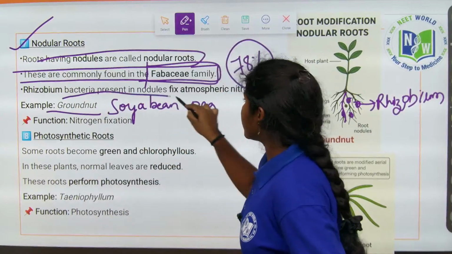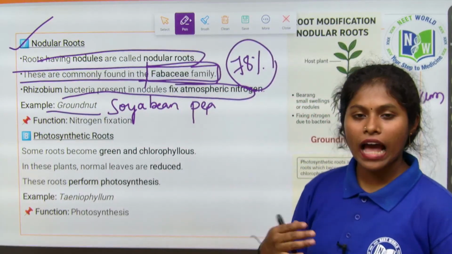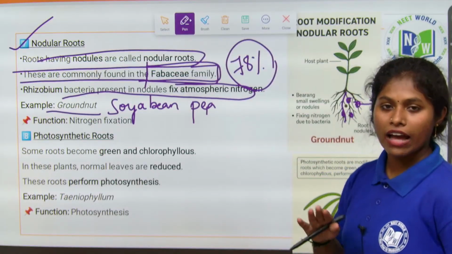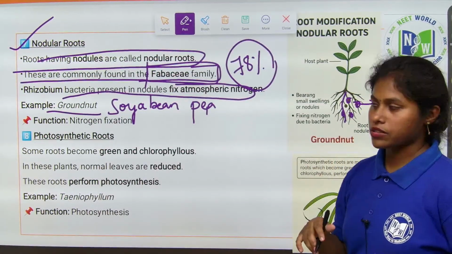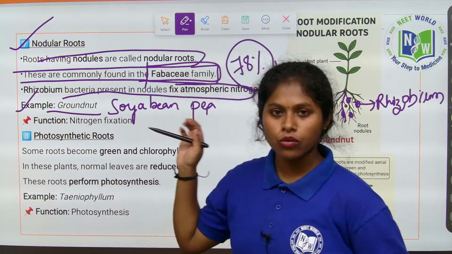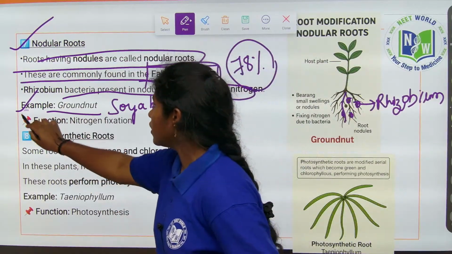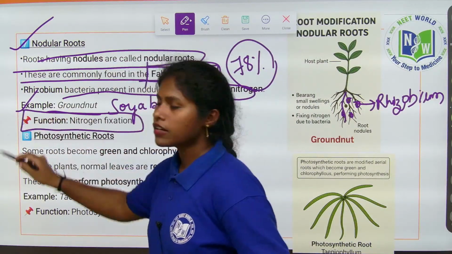Only the bacteria have the ability to fix nitrogen. The best examples are groundnut, soya bean, pea plant. What is the function? The function is nitrogen fixation.